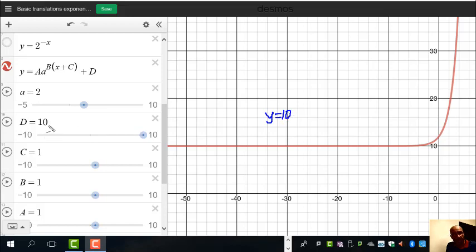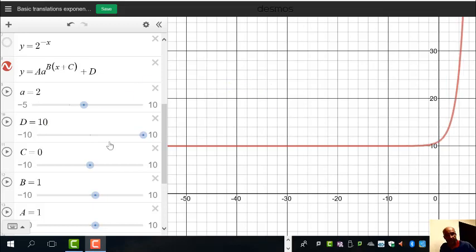Note that d is 10, so that would be a plus 10 on the end there. So at this stage we would have y equals 2 to the x plus 10 if we just looked at those parameters only.